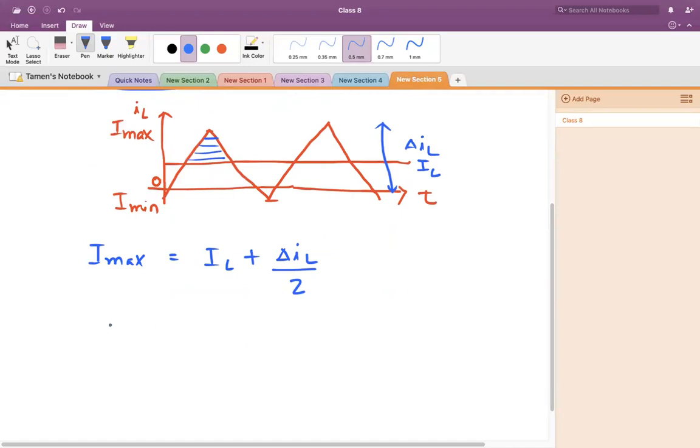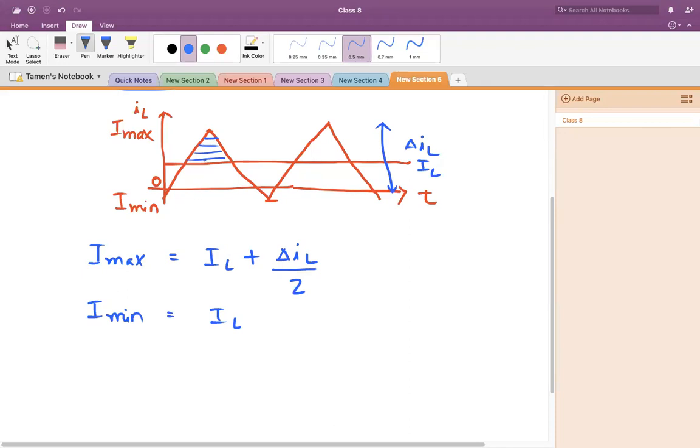Now we'll consider the minimum current. Why is it by two? Because it's considered as half. See, if I consider the complete triangle, this is the half, right? So the one in the bottom is the IL, and the one above is the delta IL.